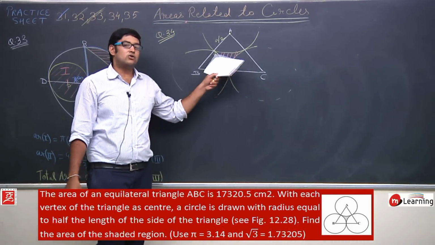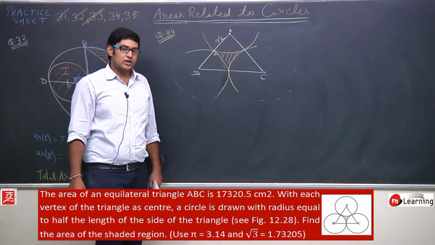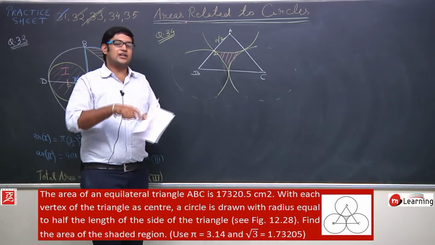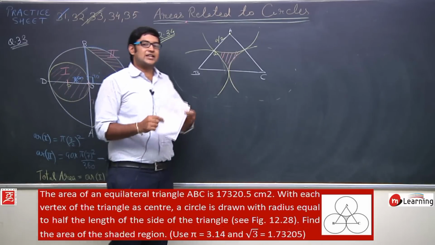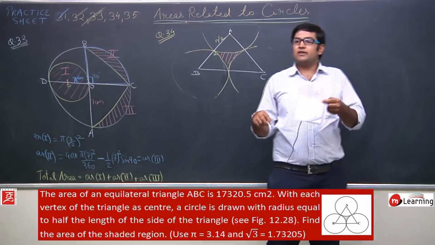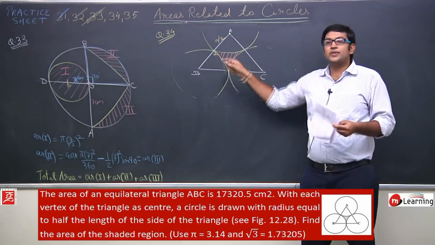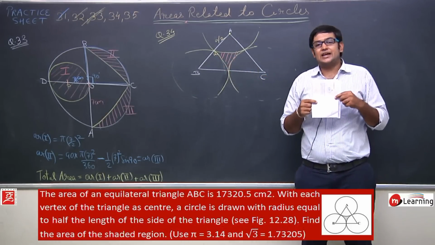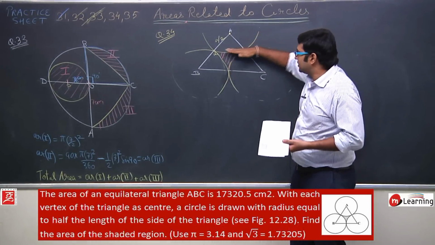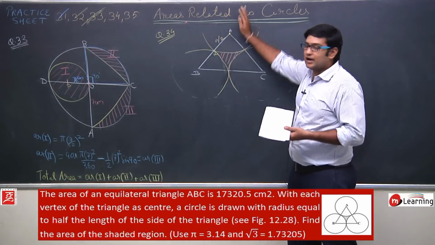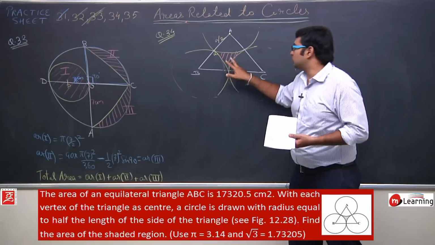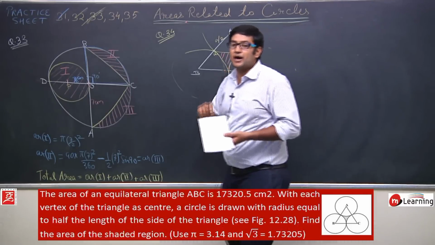Now, how to calculate the area of this part? If I observe, this triangle is an equilateral triangle, a plane figure. Let us say I take a sheet of paper and cut it in the shape of this equilateral triangle ABC, and on this triangle, if I remove this upper part, and if I remove this part, I will be left with only this shaded part.